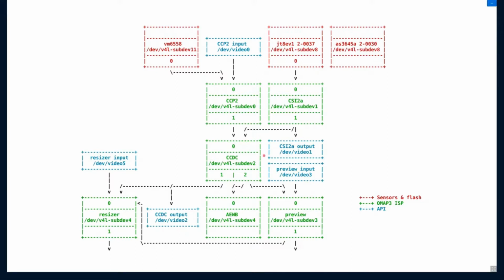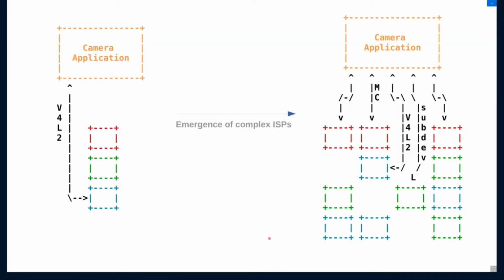Mind you, these are the video nodes. They are also configured and interfaced with an API, maybe V4L, and the ISPs were controlled using something we discussed as media controller. So two different APIs to manage the video capture here.